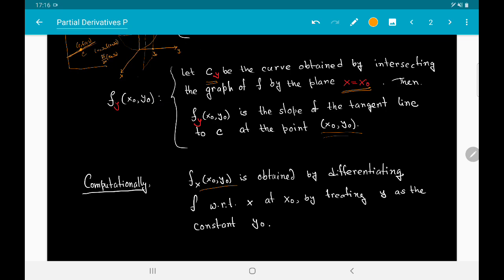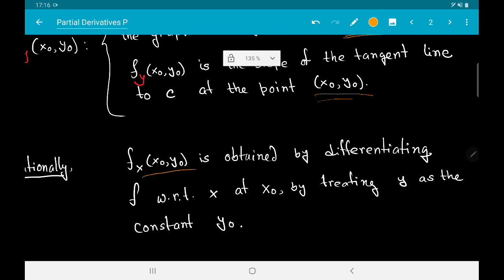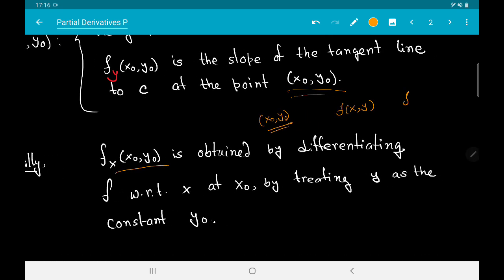What we do here is take y as a constant. Whenever we are given a function, we just put y equal to y0. So we have a function and we want to define the partial derivative with respect to x at this point. To do that, we put y equal to y0.